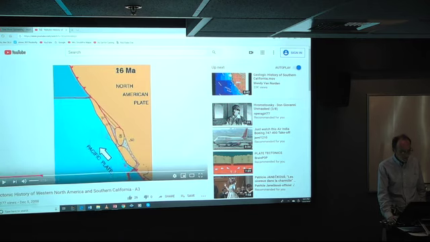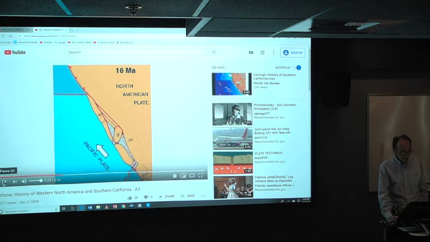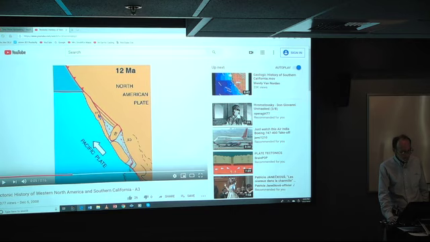Now the Santa Barbara block, which is right next to San Diego, so Santa Barbara 16 million years ago was right next to San Diego. You could have driven there in 20 minutes. And with time, that block is going to rotate and continue to rotate. This block here is going to become San Francisco. It's moving north, like that.